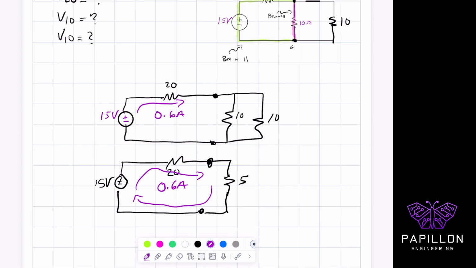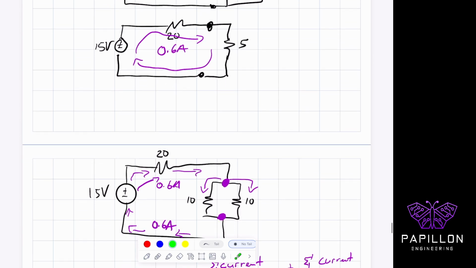It leaves the voltage source with 0.6 amps leading the charge, right? It's like literally saying, I'm the source, I'm now pumping out 0.6 amps. It gets here, and then it splits off. Or I can leave it as the 5 ohms, because in the 5 ohm world I can see that the 0.6 just rips through it and then it leaves back as 0.6 and enters back in.